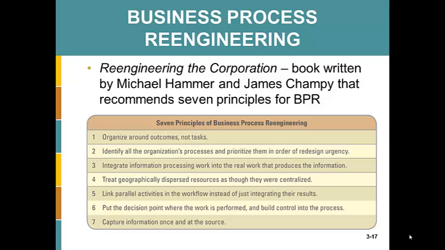In Reengineering the Corporation by Michael Hammer and James Champy, they recommend seven principles for business process reengineering. They stress to organize around outcomes, not the tasks. So you want to be concerned with what is the output of a process, not the tasks that you're doing to achieve that outcome.